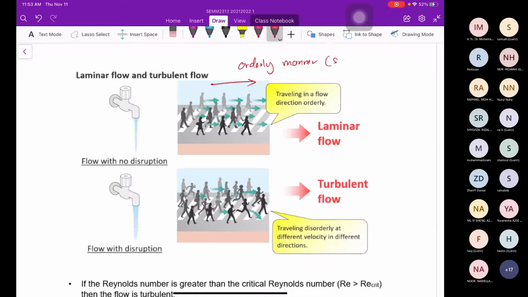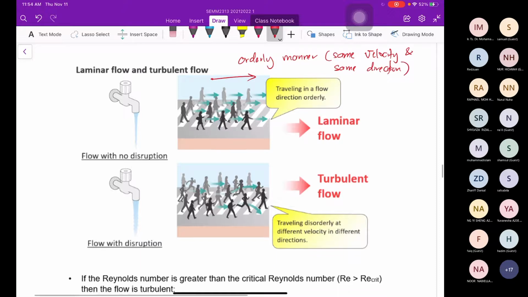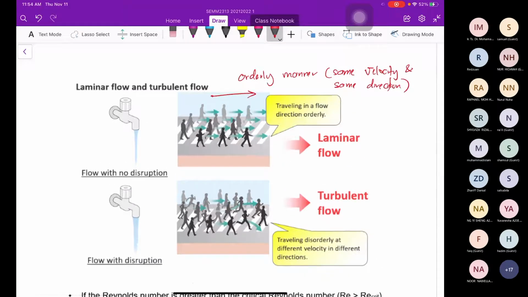So that means same velocity and same direction. This is what we call laminar, very smooth flow. And the motion of the flow is very small, slow.